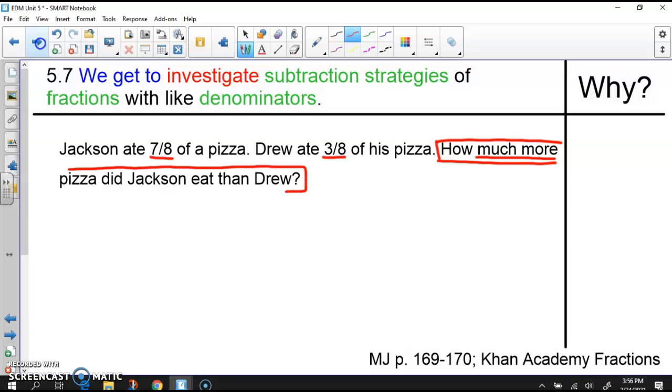So what we want to think about this time is what is our whole? Last time we were talking about books. This time our whole is going to be referring to the pizza. So our whole is going to be represented by one whole pizza.